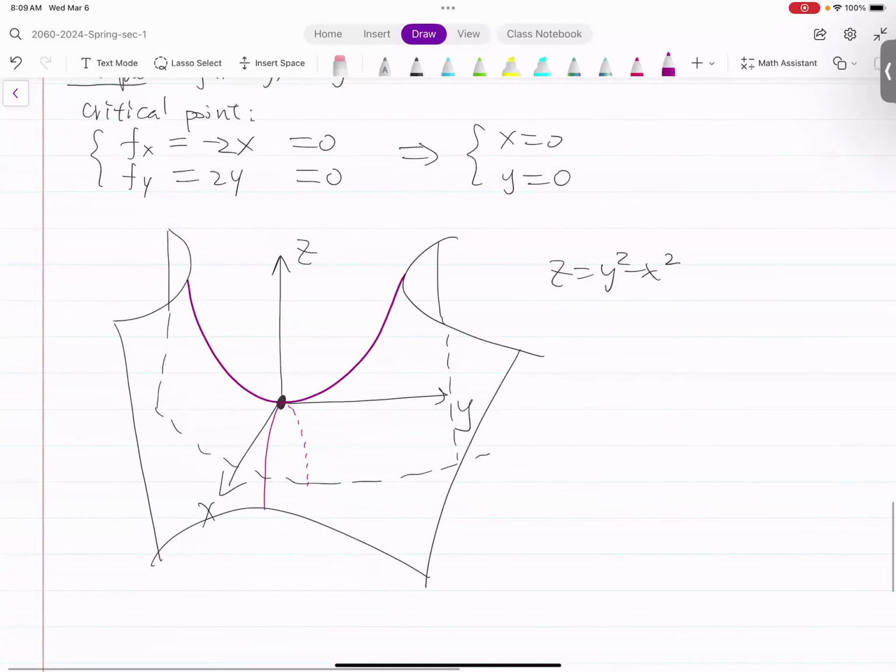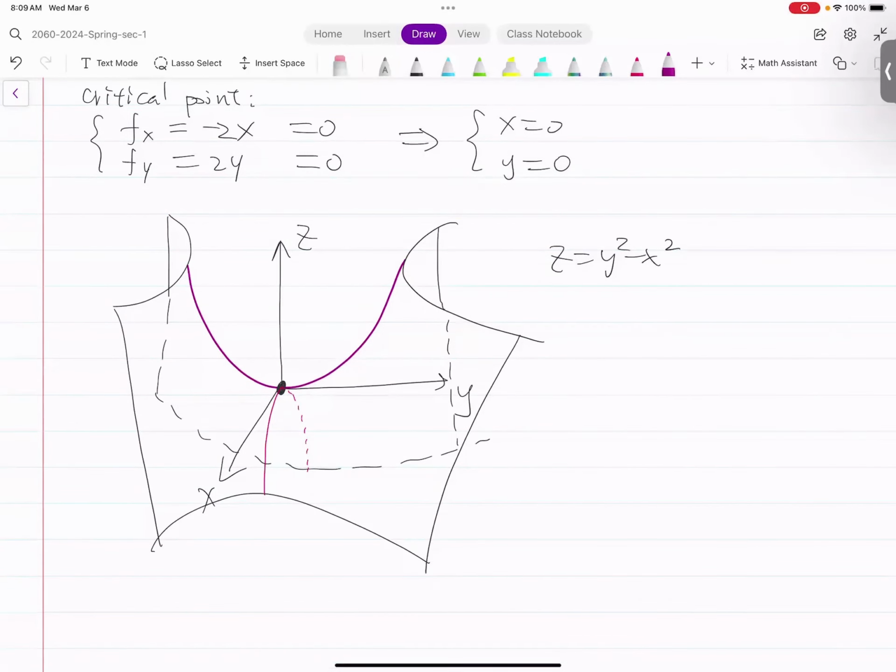So let's also put the things down in words. So here, this critical point gives you the z component, the output, to be 0. This is not a local max, of course, because the trace in purple is a parabola opening upwards, right?